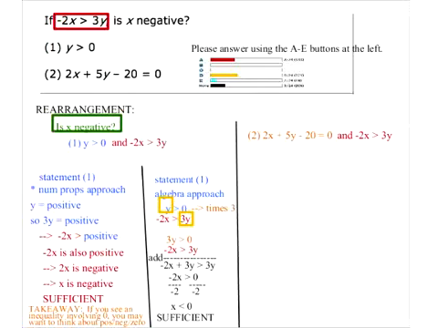You can't really substitute an inequality into an equation. So what you have to do is you have to get your substitution from the equation. And then you're going to put that into the inequality.